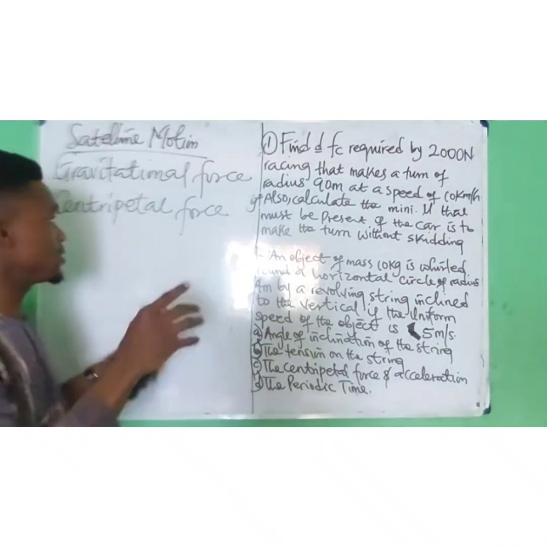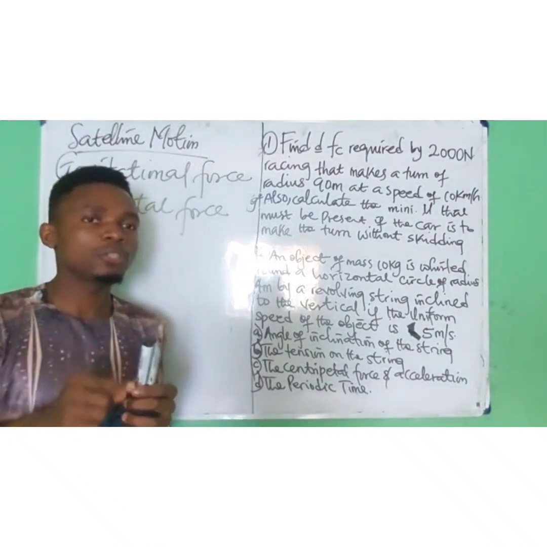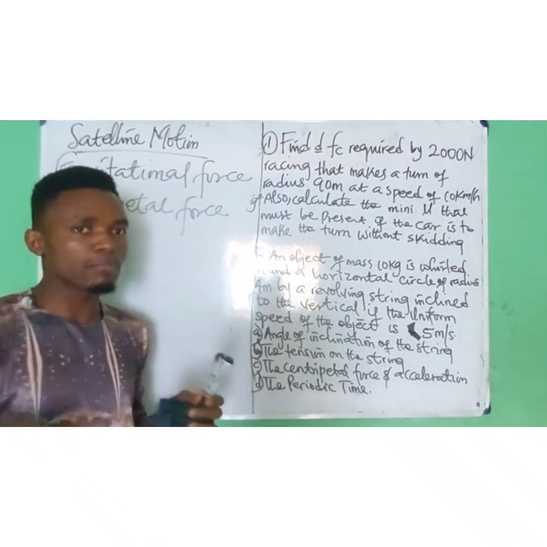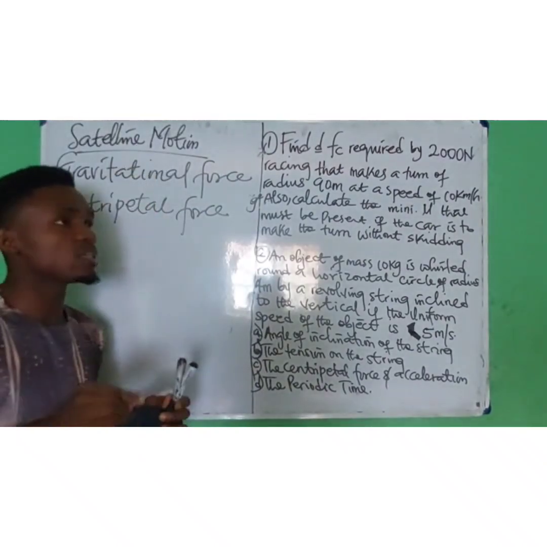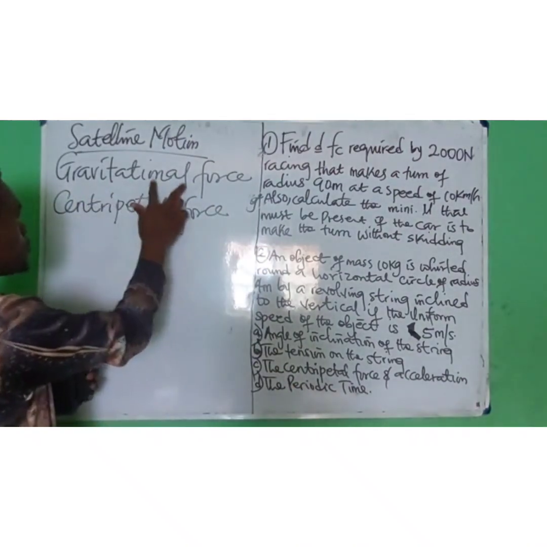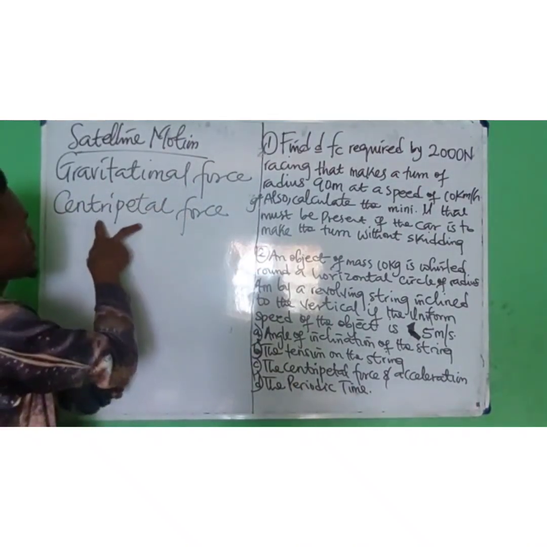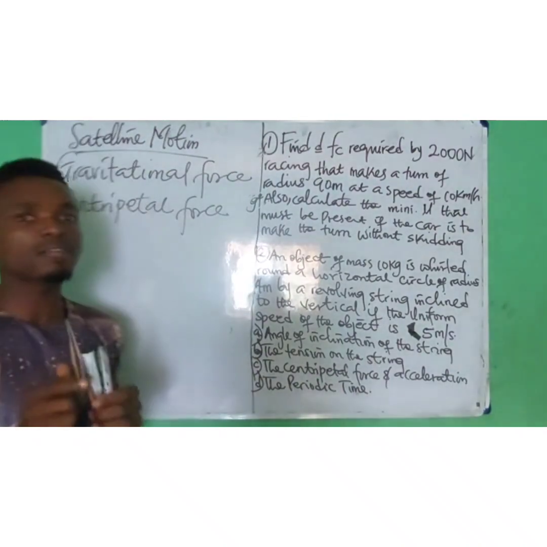I think we established that centripetal force is the force needed by an object to move in a circular manner. Hope you've not forgotten. So please, for the satellite to maintain its circular motion, the gravitational force must produce the centripetal force. Please take note of that. It is very, very important.